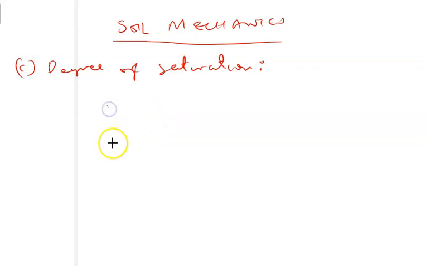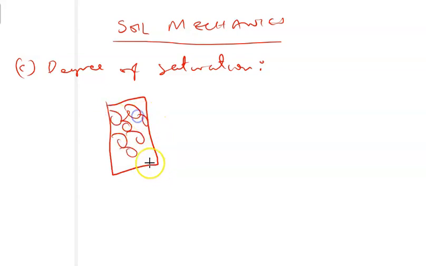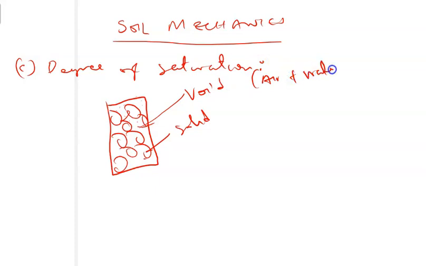So what we're trying to say here is that for every soil sample, remember we said there are particles. These are the solid particles, solids. The smaller spaces here are void, which is air plus water. So if this void is equal to air throughout, it is dry.